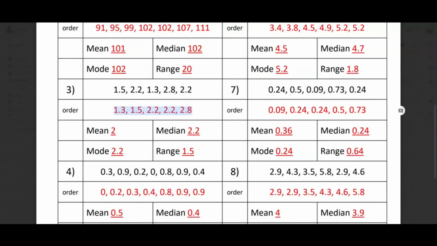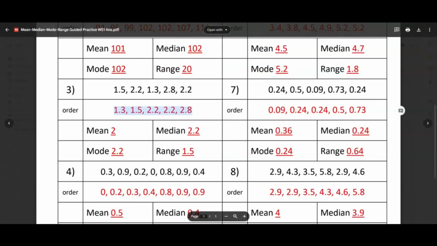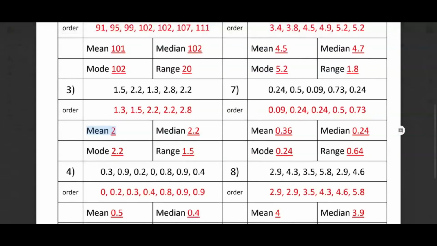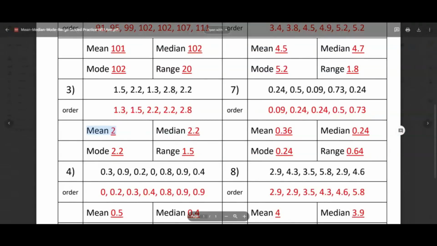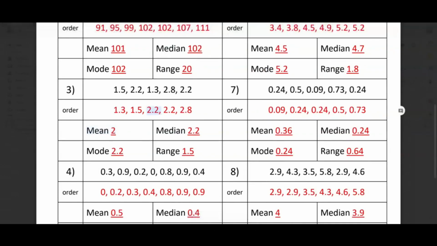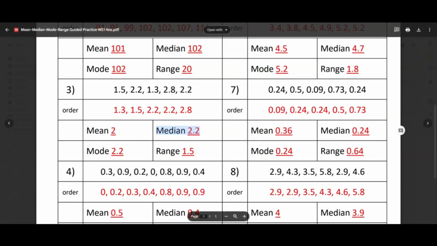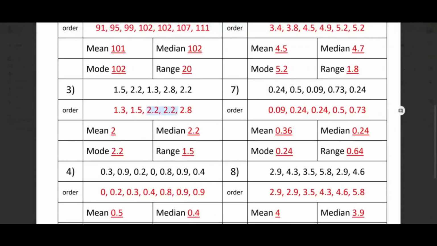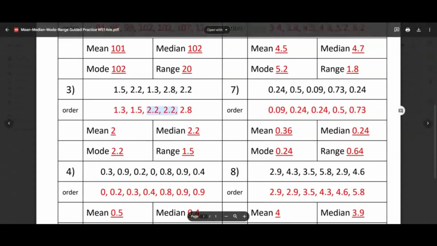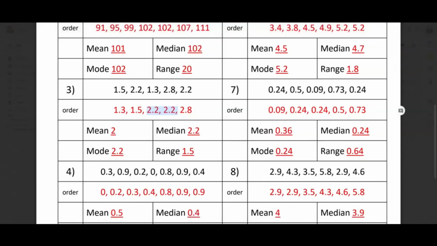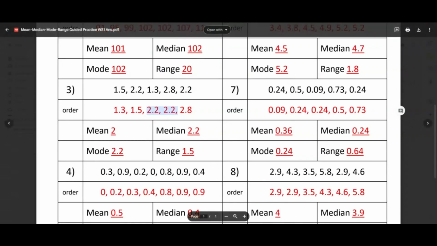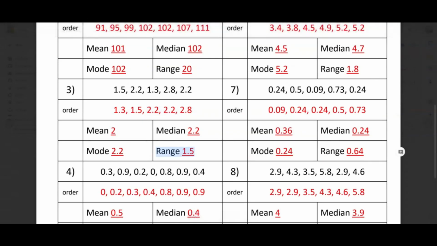So the sum of this divided by 5 is 2. So the mean was 2. By putting them in order, we can tell which one is in the middle. So the median is 2.2. The item that appears the most is 2.2. It's in there twice. The range is 2.8 minus 1.3, and that gives you 1.5.